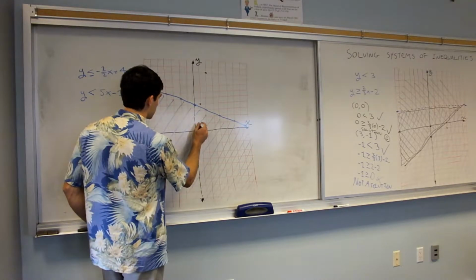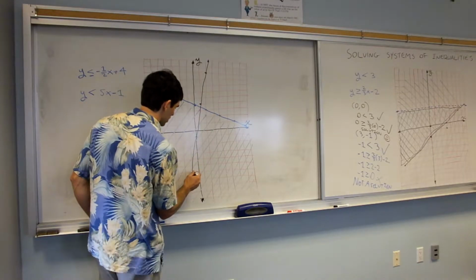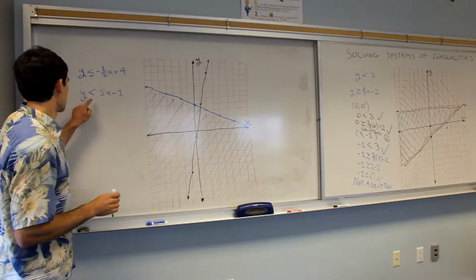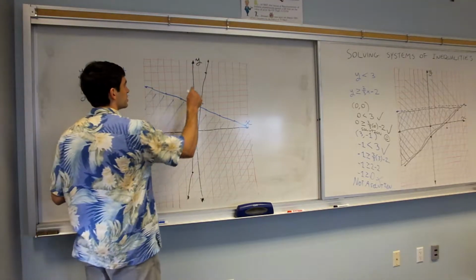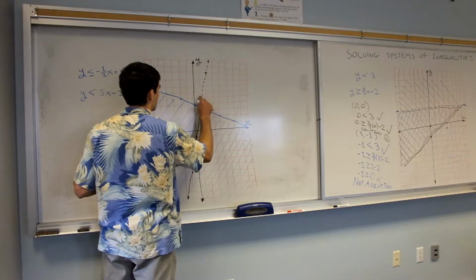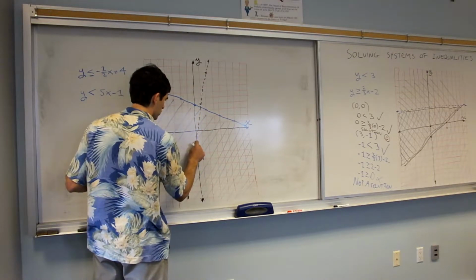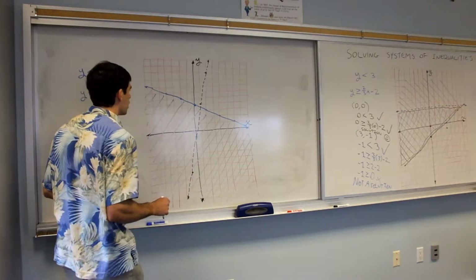We would connect this line so that it looks like this. Although, I made a mistake, so y is less than and not less than or equal to, so we have to make this a dotted line. Luckily, I caught my mistake before too long.